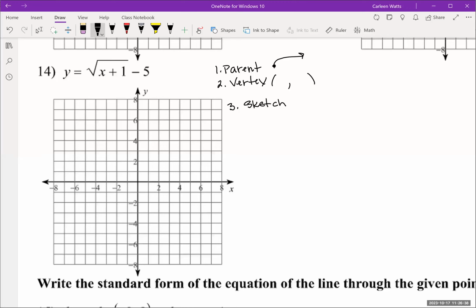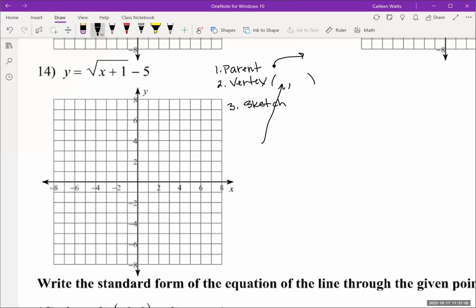Okay, Zoomers. Type in the vertex, please. Careful. Oh, good guess. Okay, what is the x coordinate of the vertex?